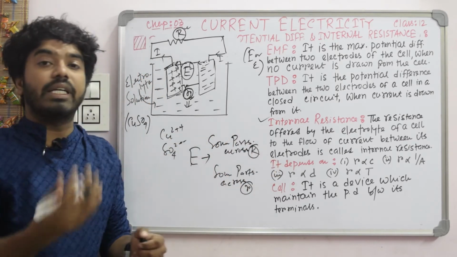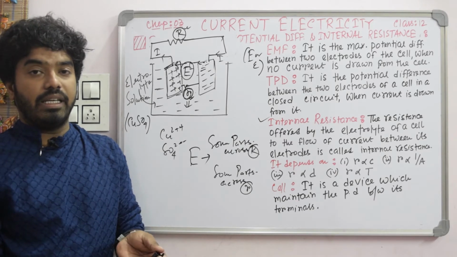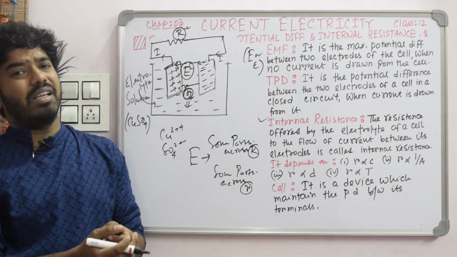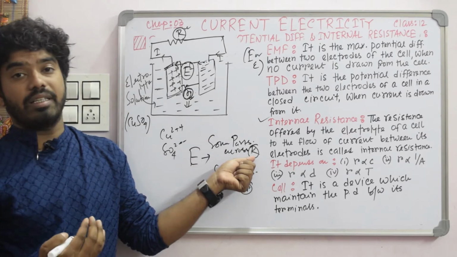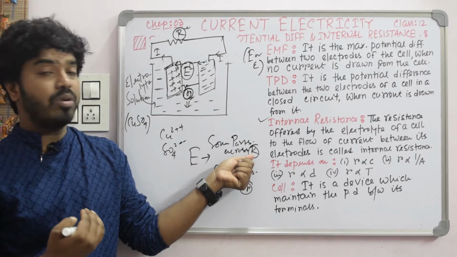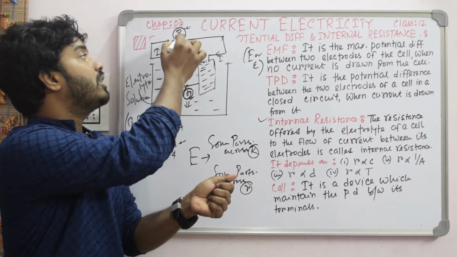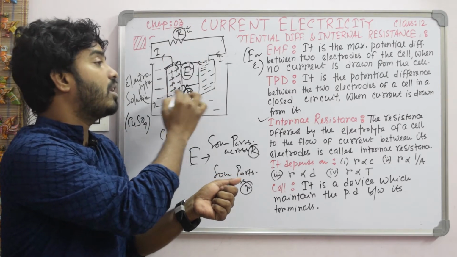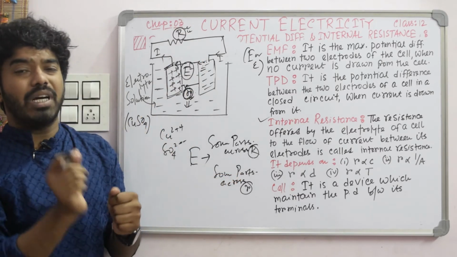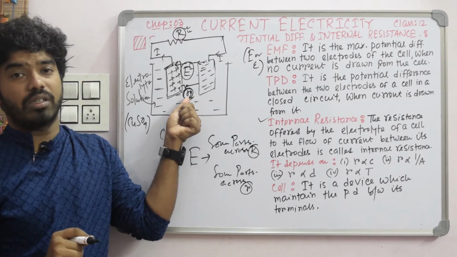Now in general, small r, the internal resistance of a cell in a circuit, is less with respect to the external resistance capital R. So obviously the potential across R is much greater than the potential across small r, but there is a small potential drop across small r.